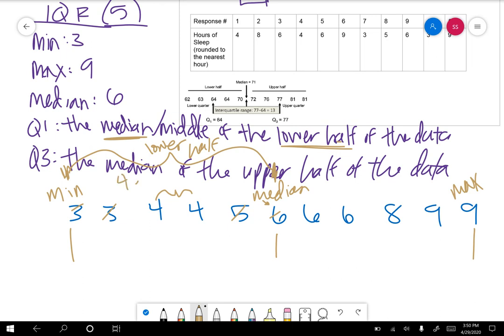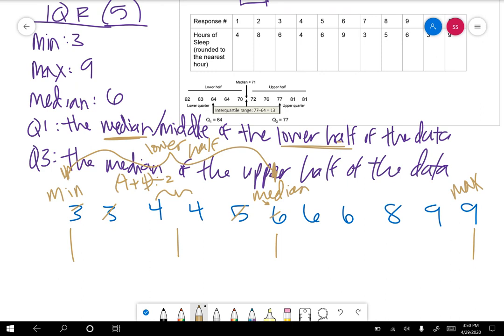So 4 plus 4, and then you divide that by 2. So 4 plus 4 is 8, divided by 2 is 4. Now you're like, duh, the mean of 4 plus 4 is 4. I know, I was giving you an example of what to do though, so it's fine.